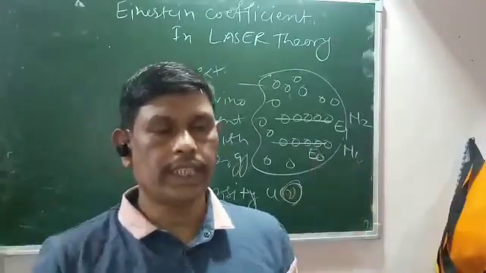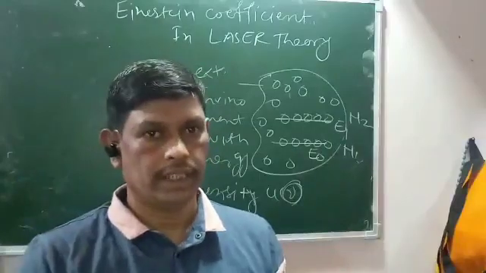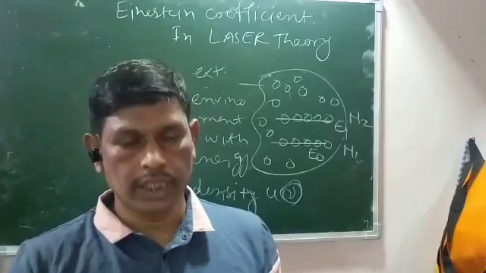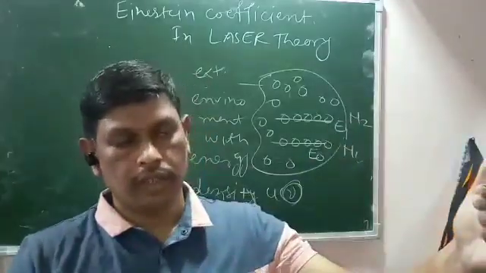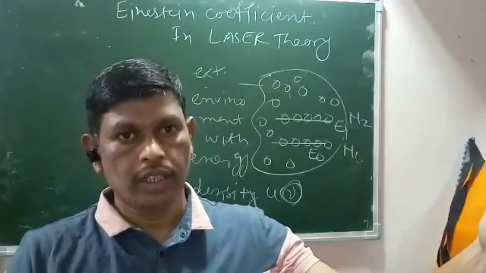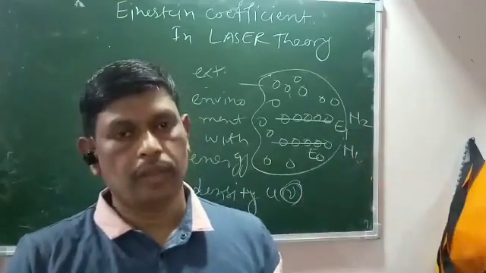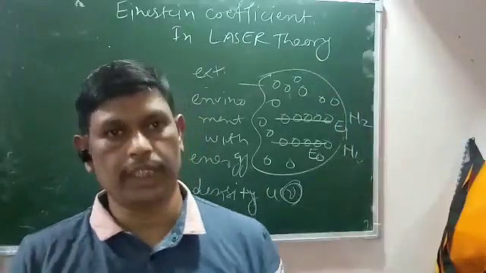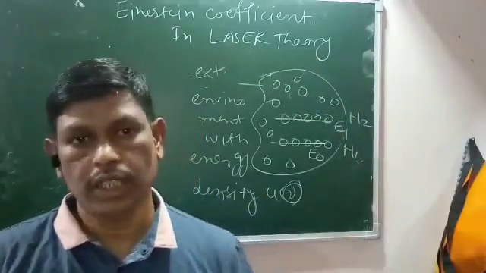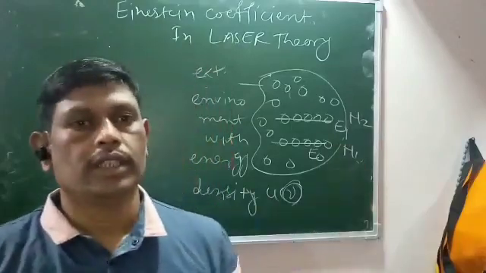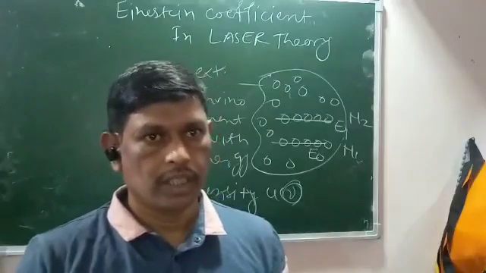We can only say that there is a possibility to transit an E0 energy level particle to the E1 level. So the transition from E0 to E1 and E1 to E0 is totally probabilistic. That's why we can use the Maxwell-Boltzmann statistics to find out the Einstein coefficient.